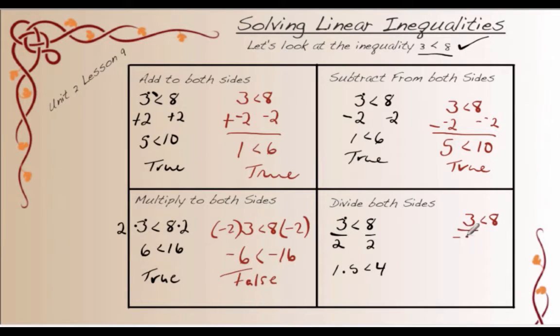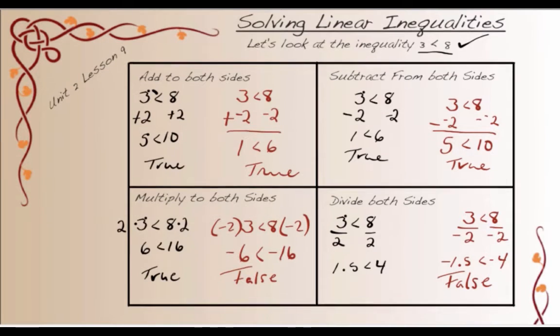All right, I'm going to divide by negative 2. Negative 1.5 less than negative 4. Ooh, we've got another false statement there. So we have a little exception to the rule that we have to learn when we solve inequalities.